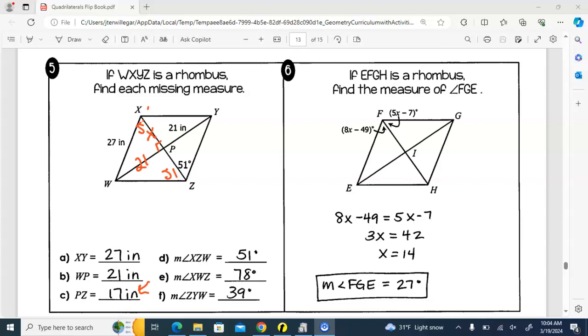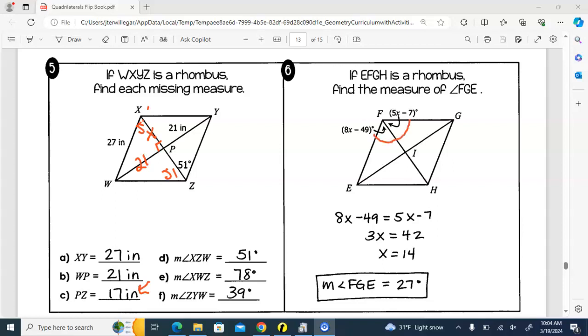All right, number 6. If that's a rhombus, those two angles are congruent. Set them equal. Solve for x. Plug it in now to get FGE. I would plug in x into these, right? And when you plug in your 14, you get 5 times 14 is 70 minus that 63, right?